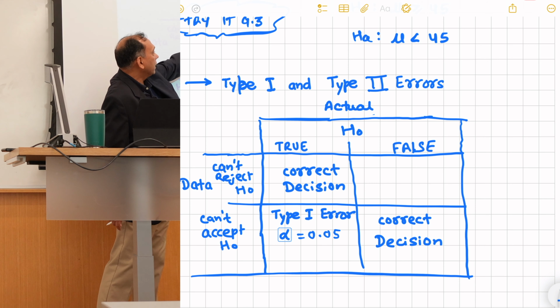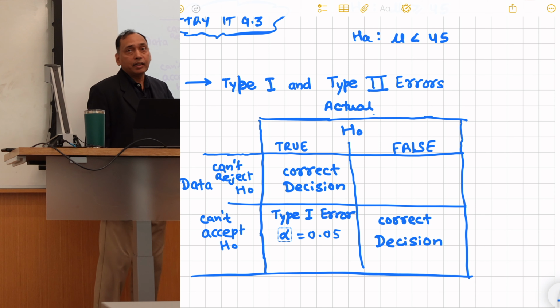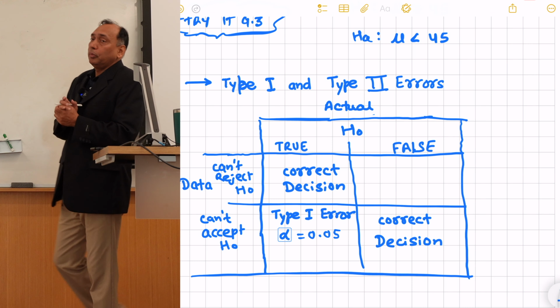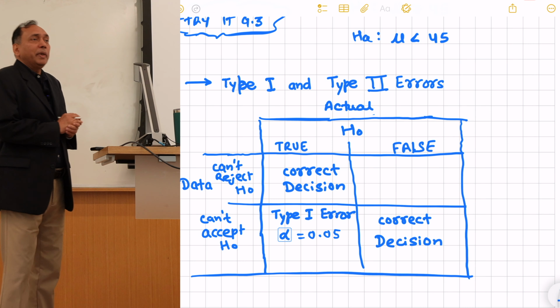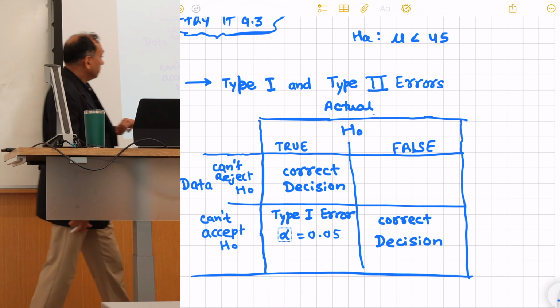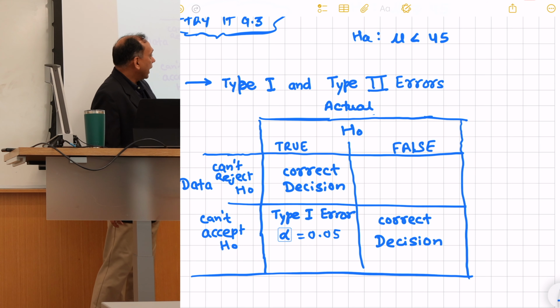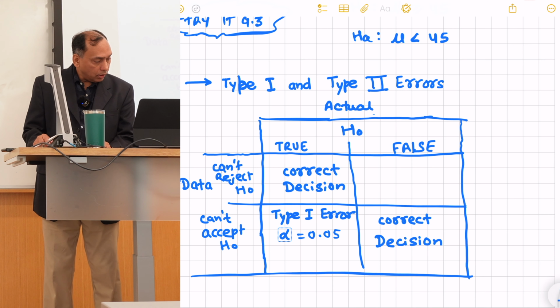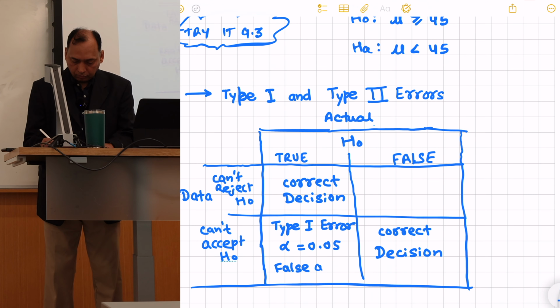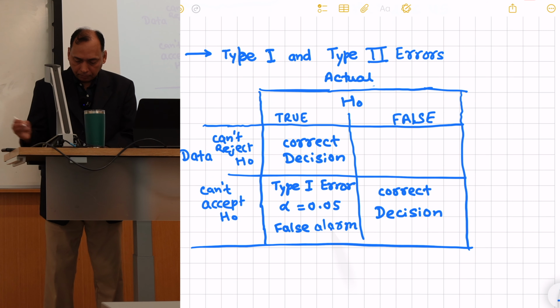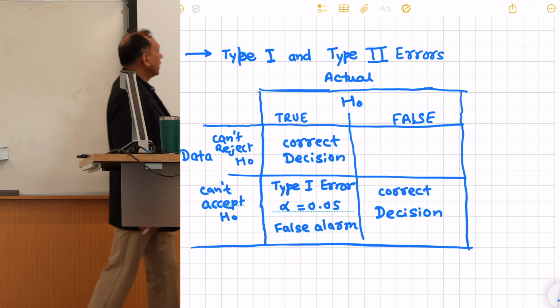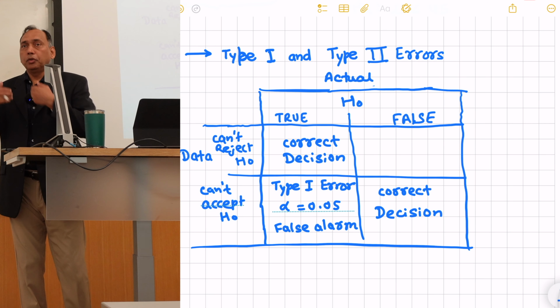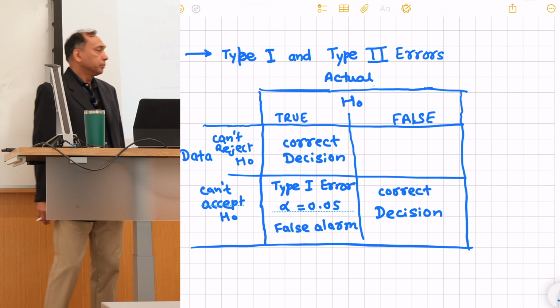Most of the times you are making correct decisions, but there is a 5% chance you may go wrong. When you make 100 such decisions, type 1 error sometimes will happen. It is also called false alarm. So reality is true, but then it is trying to reject it.